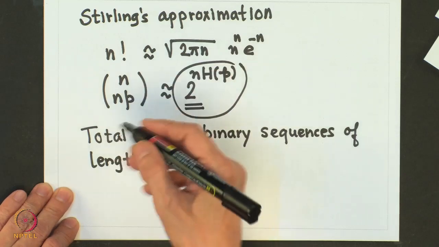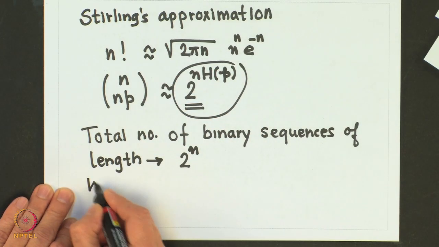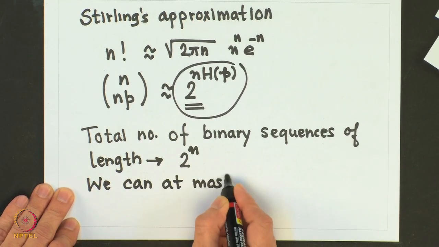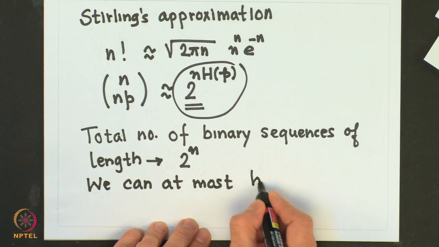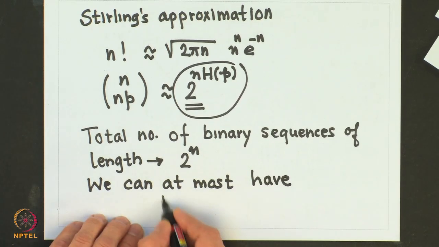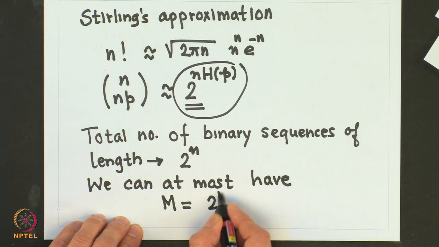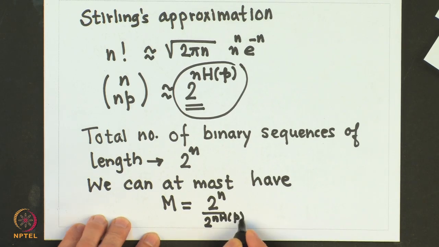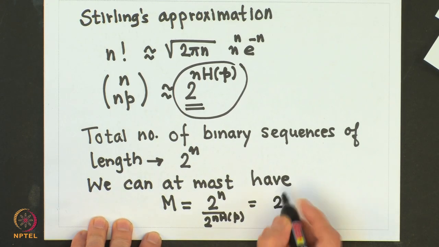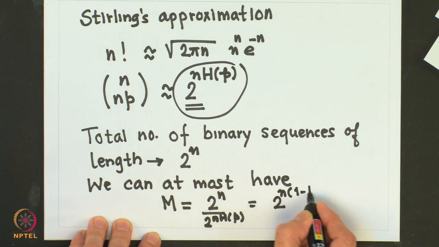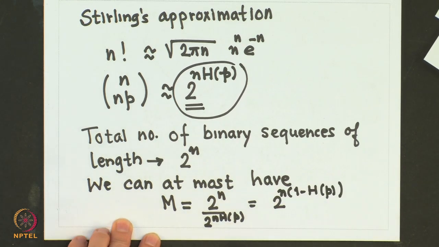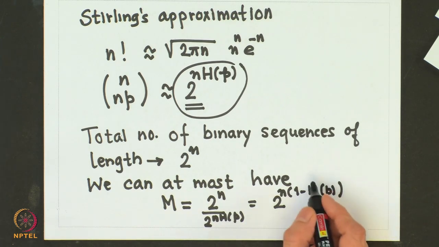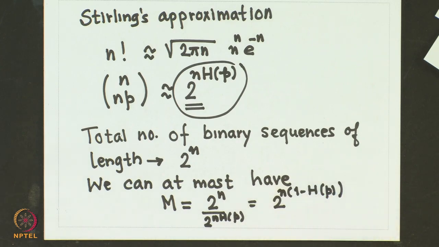Now, if we follow what we have said earlier, then it means that we can at most have M equal to 2 raised to n divided by 2 raised to n h(p), which is nothing but 2 raised to n(1 minus h(p)) sequences of length n transmitted without the corresponding highly probable received sequences overlapping.